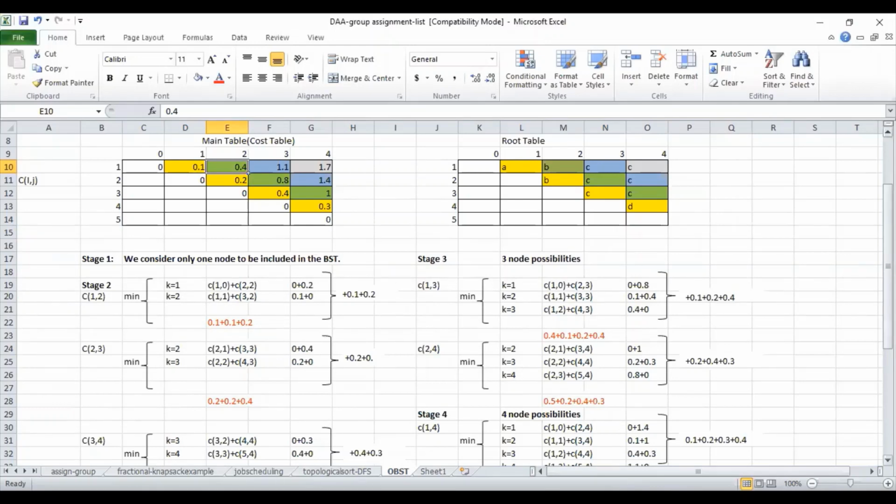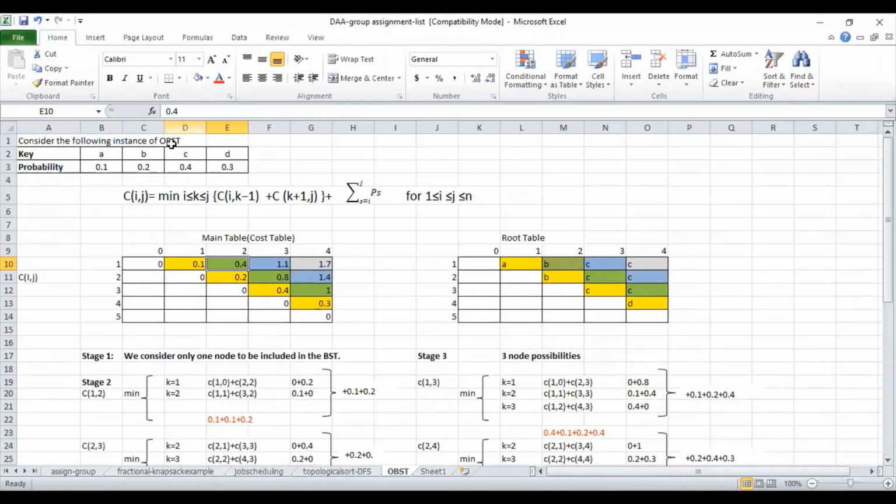Hence, I would select k is equal to 2, which means B would act as a root. So what does this root table entry define? When 0.4 is generated as the optimal cost, when 1 and 2 are considered as the nodes to be included in the binary tree, the optimal one is generated with 2 acting as a root node.